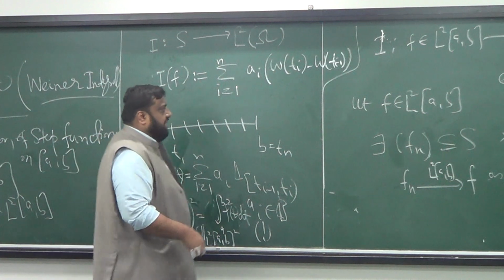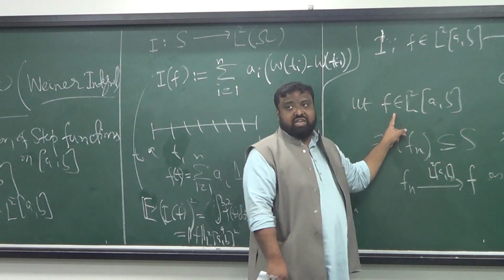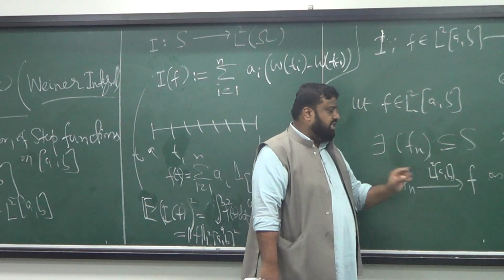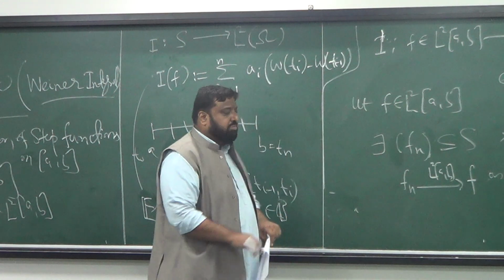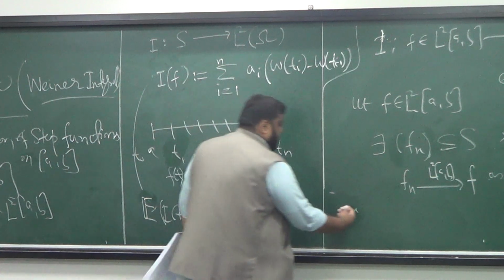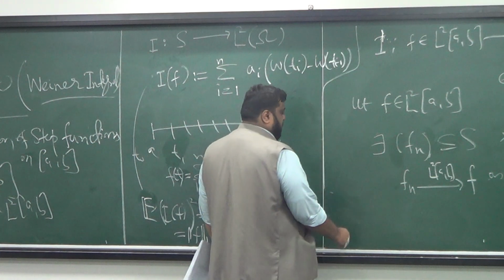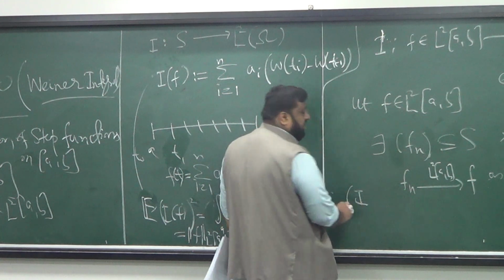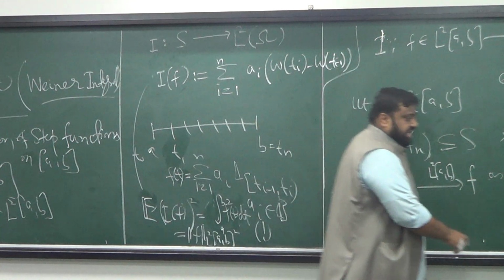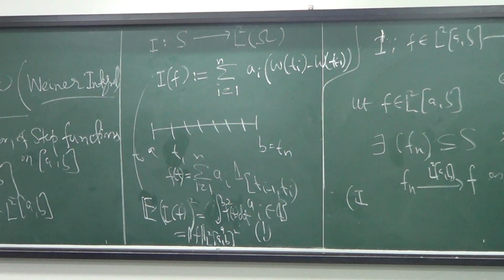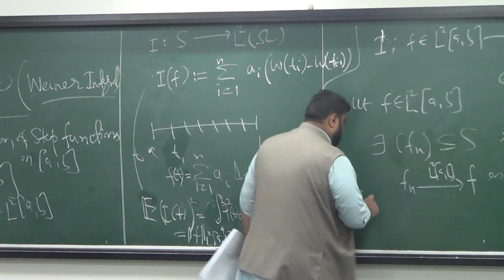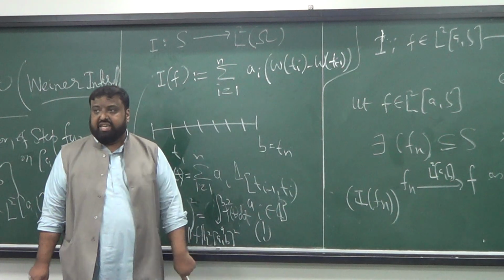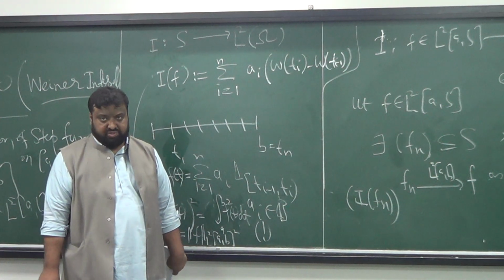So let's return to an arbitrary square integrable function and a sequence of step functions that approximates it. The next thing I would like to do is this: for these step functions we have the notion of Wiener integrals, so let's think about the sequence of the Wiener integrals of the step functions.